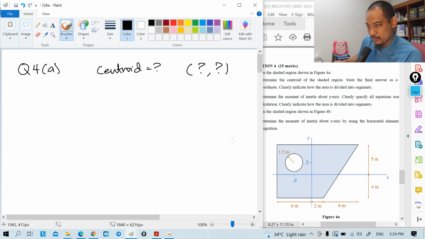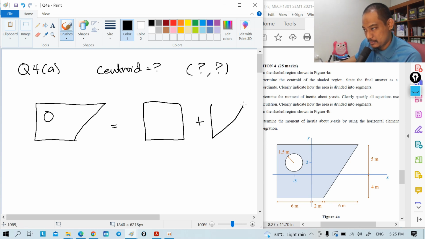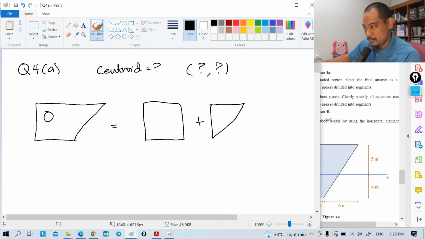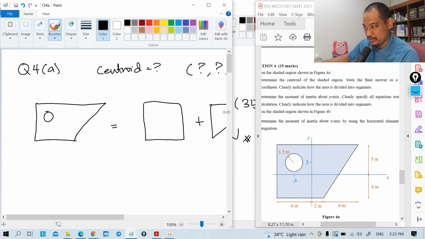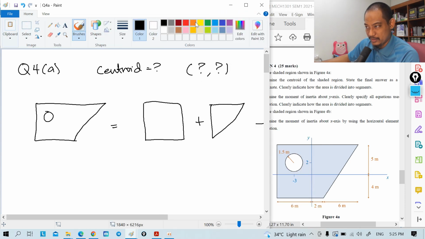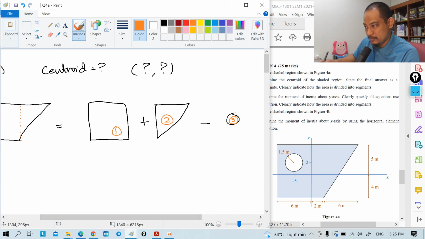What I would do is basically this is equal to this plus this minus this. That's basically how I divide it, or I can also say that this is how I divide it. So basically this is 1, this is 2, and this is 3, right?